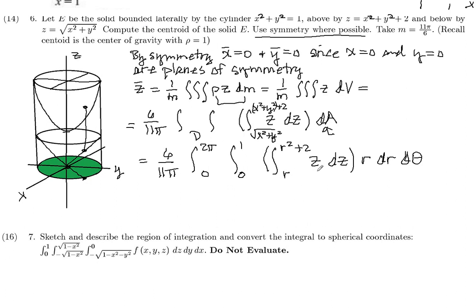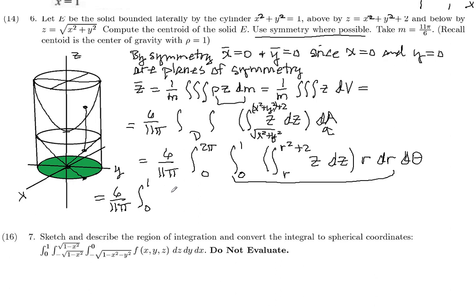Antiderivative, well, let's see here. This is going to be a function of r because it's got r limits in there, so we can't take it outside the r integral. However, all of this right here is independent of theta. So we could take this whole integral and pull it outside of the theta integral. So this will be 6 over 11 pi, and then pull that integral out, 0 to 1. Let's go ahead and do this antiderivative while we're at it.